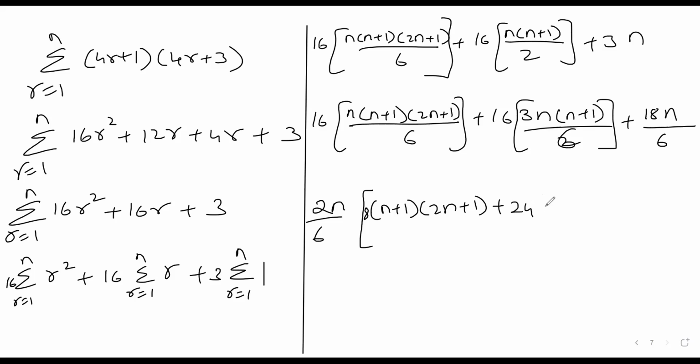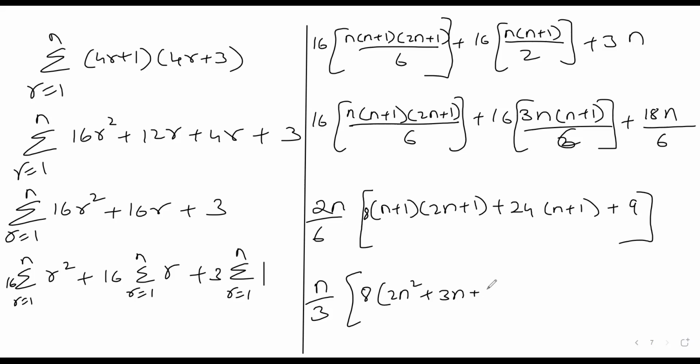This is 24, n plus 1, plus 9. So this will be 8, 2n square plus 3n plus 1, plus 24n plus 24 plus 9. And then we can expand this and find out the answer.